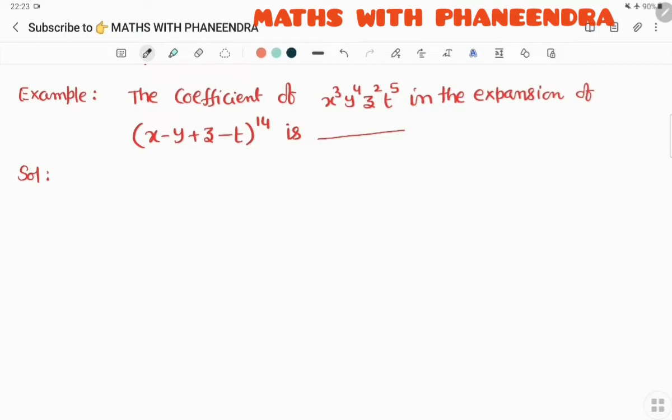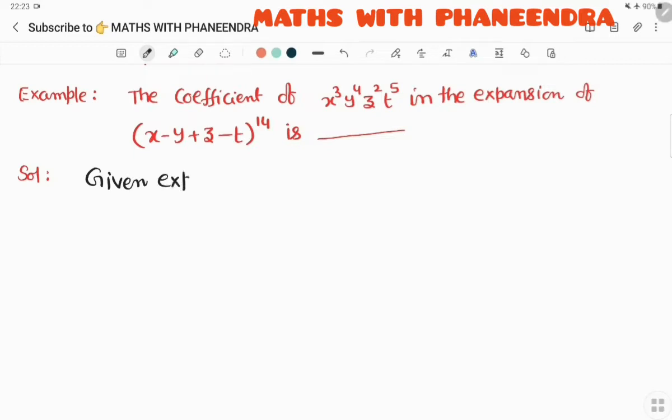This is the case n is equal to n1 plus n2 plus n3 plus and so on. In the objective multiple choice questions there is no need of explanation, but for understanding purpose I am giving it here.